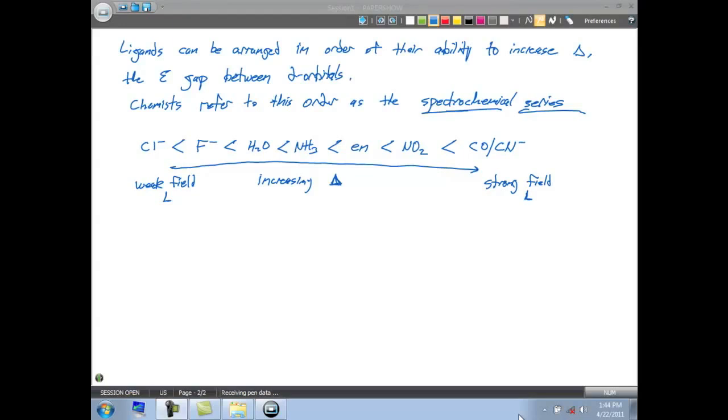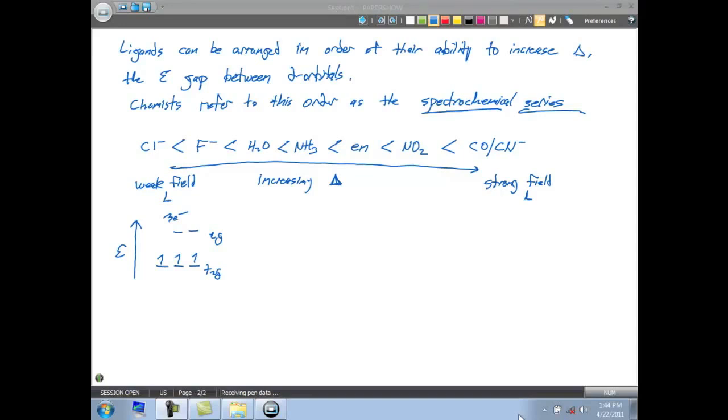But if we have something like a d4 case, we can see two scenarios could potentially exist. If we have our energy scale and we show the splitting between the t2g and the eg orbitals, if we have 3 electrons, there's only really one feasible electron configuration that would work, where all 3 of these electrons are spin up in the lowest energy case possible.